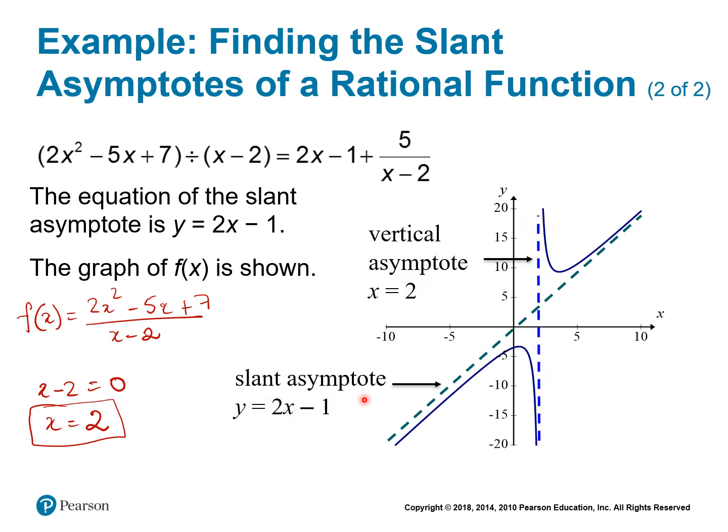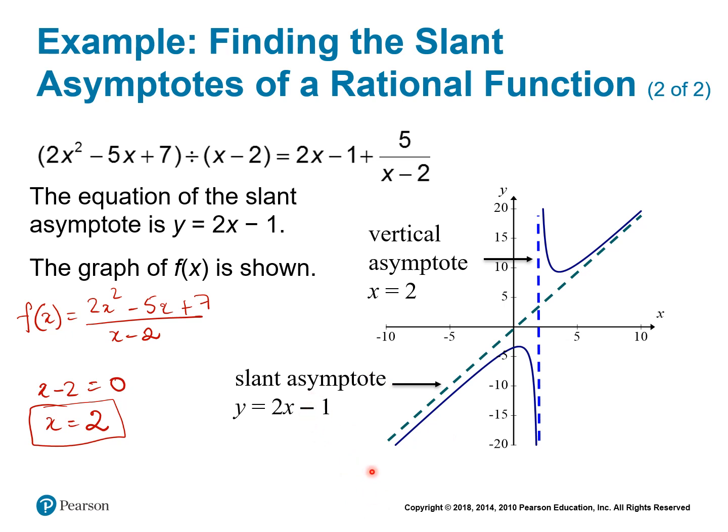And the slant asymptote is y equals 2x minus 1 again. You see, this is a linear equation. You have to be able to draw the line, a dashed slant asymptote using the equation here, y equals 2x minus 1. All right.